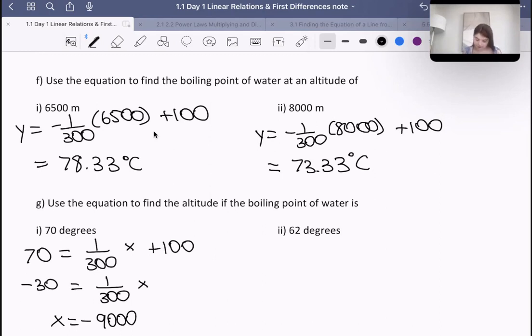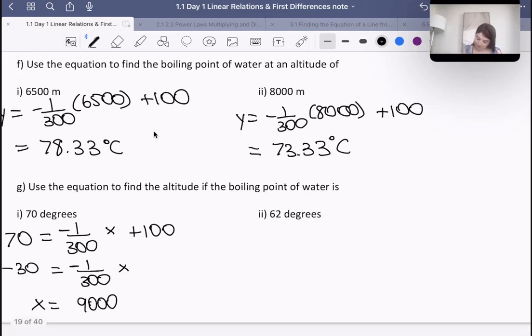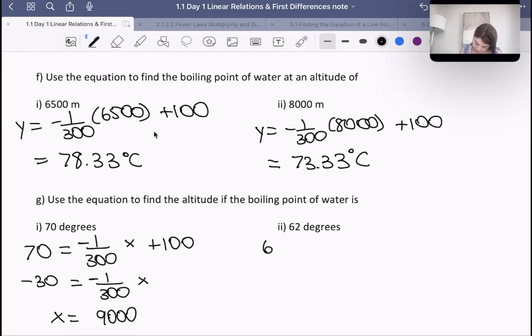All right, very good. This next one says, use the equation to find the altitude if the boiling point of water is 62 degrees. All right, so let's do that. Oh, you know what? This should be negative here. And so actually we're going to end up with positive. I was thinking there must be something wrong because the answer should be positive, and it is. There we go. Okay, so 62 is equal to -1/300x plus 100.